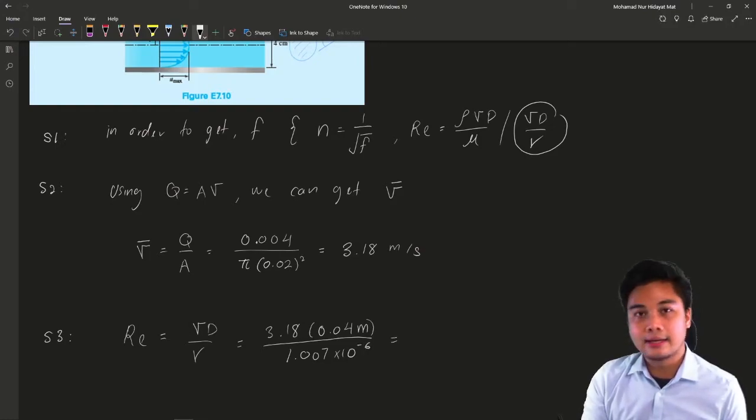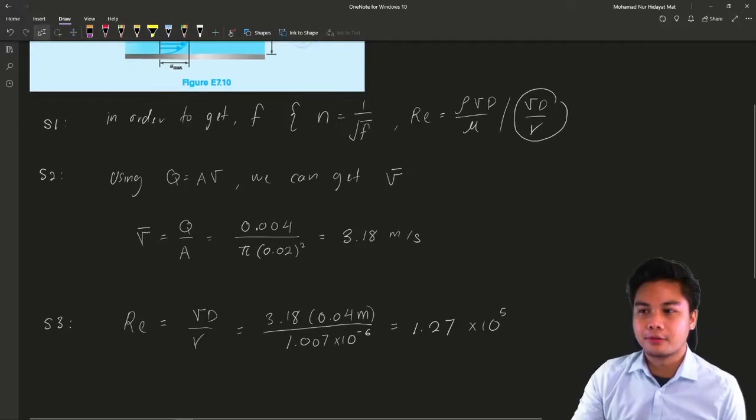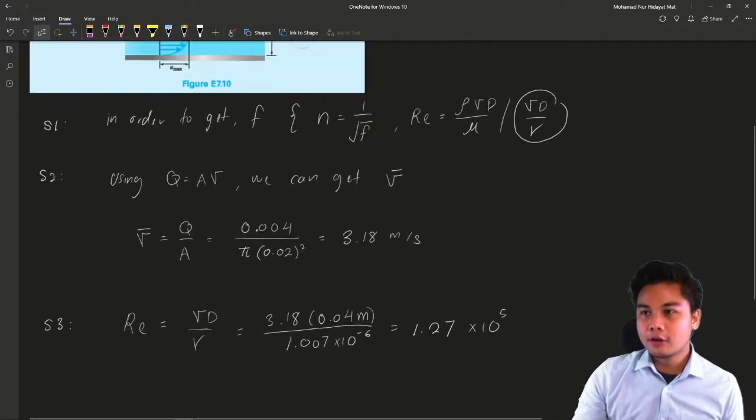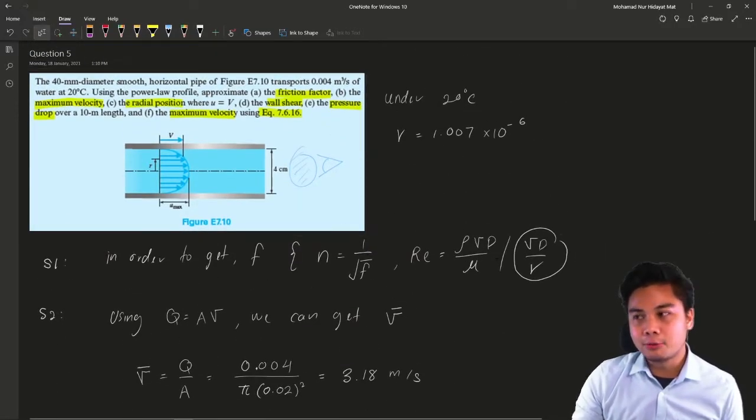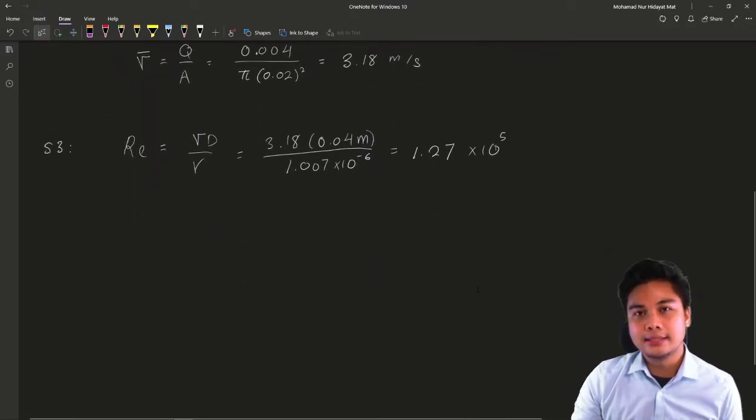Then you will get the final Reynolds number of 1.27 multiplied by 10 to the power of 5.